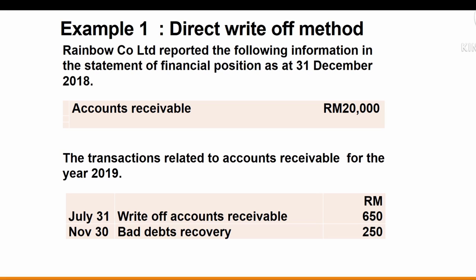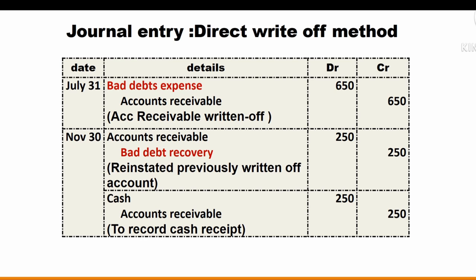So, we have to record the journal entry. The 31st of July, debit bad debts and credit account receivable. So bad debt increases, and account receivable is credited because it will reduce the amount of account receivable.